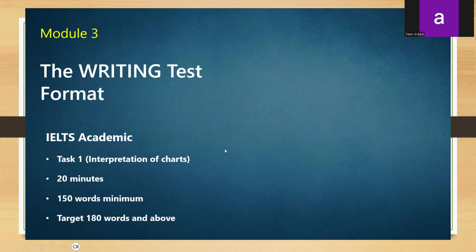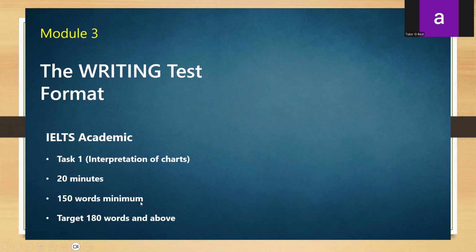Band 7 is the minimum for IELTS for most admissions. It's not necessarily the minimum though, but if you want a high chance of getting admission, or whatever you are using your result for, band 7 is usually the demanded band score for writing. So to increase your chances of getting a band 7, target 180 words and above.